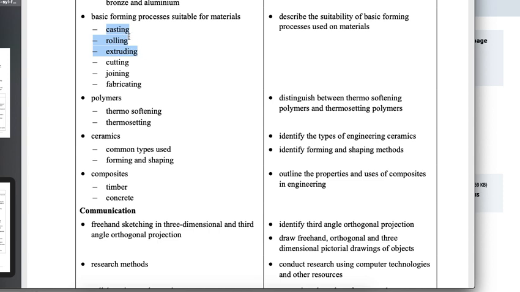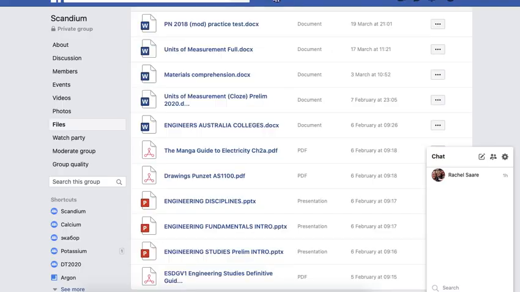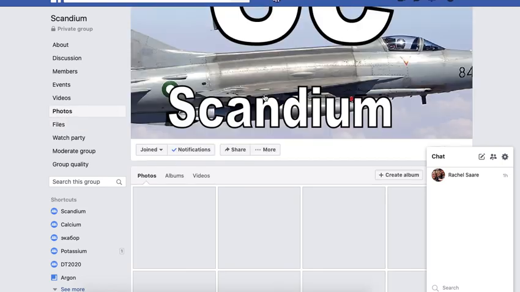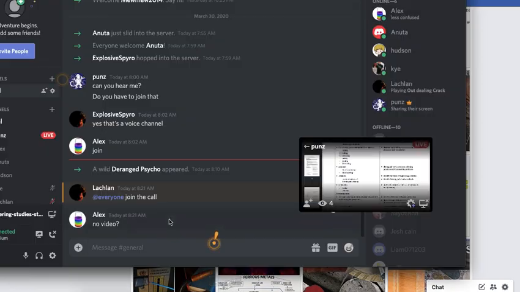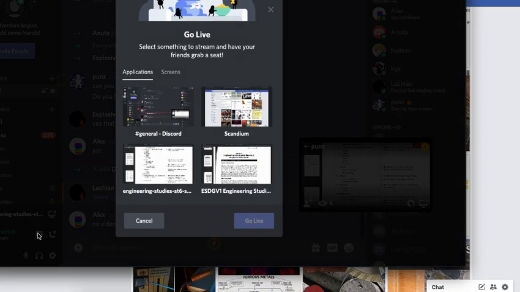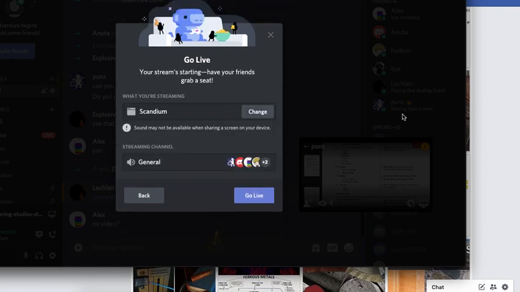Okay, so casting is its own thing. I don't think I can flick between windows very easily, but if I went to the Facebook post, we could see that. Let's see how hard that is to do. So I want to go to Safari, and then go to Scantium, and you probably can't see anything yet. Close that chat. Okay, switch the Discord window. Change screen to Scantium.